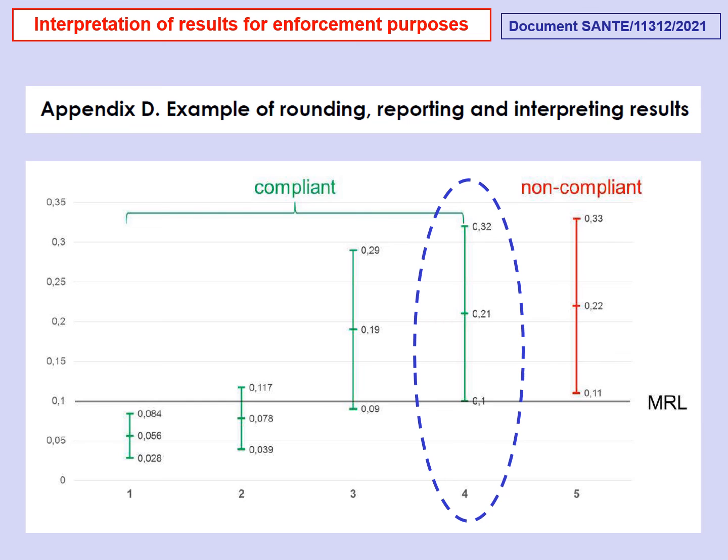This could be the case of example 4 presented in Appendix D of the document. However, this Appendix D solves any doubts, and for example, there it is justified, as indicated on the slide, that a result of 0.21 milligrams per kilogram with a relative expanded uncertainty of 50% can be considered compliant against an MRL value of 0.10 milligrams per kilogram.